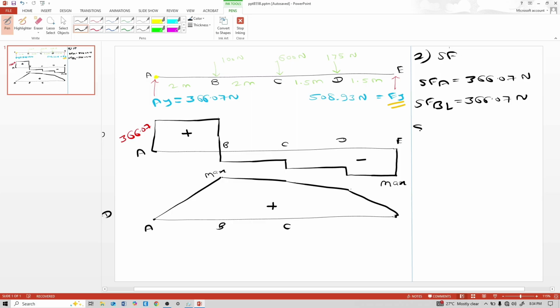Now shear force at B just right of B is 366.07 minus 100. See, this 100 is downward. So 366.07 minus 100 is 266.07 Newton.